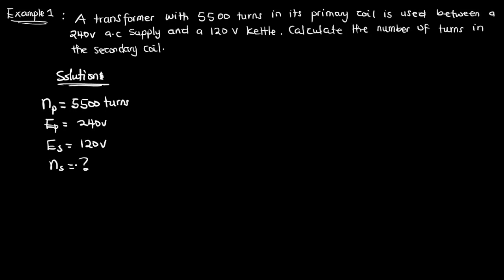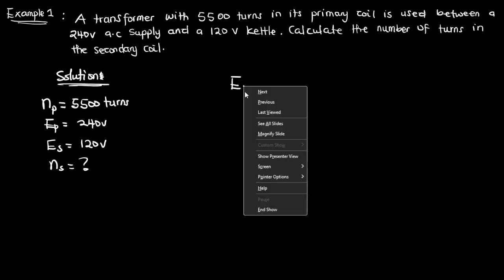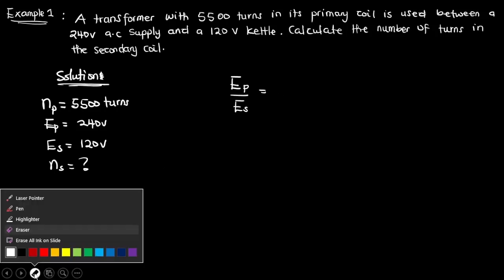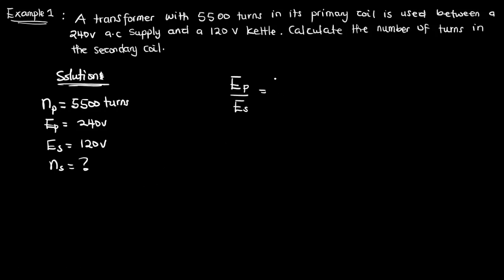So if you look at this, it is very easy, very simple. We said that the ratio of EP over ES is equal to NP over NS. Are you okay? This is the expression that we said is true.